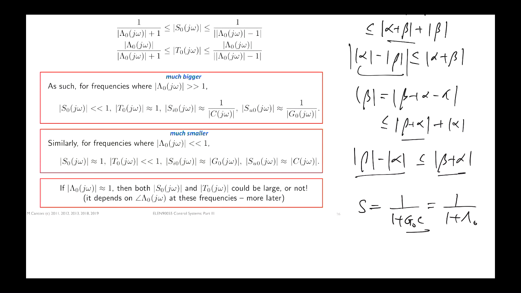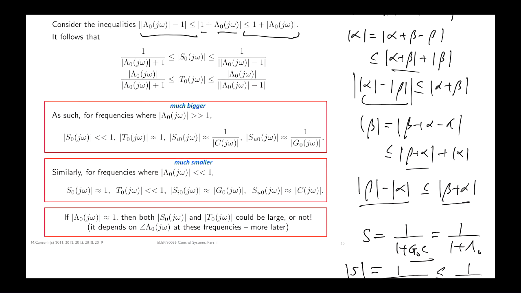It's just the product of the plant and controller transfer functions. The magnitude of S at any frequency will be equal to 1 on the magnitude of 1 plus lambda naught. So that must be less than or equal to 1 on the lower bound for this, and we've seen that the lower bound is given by this expression here, which gives us that.